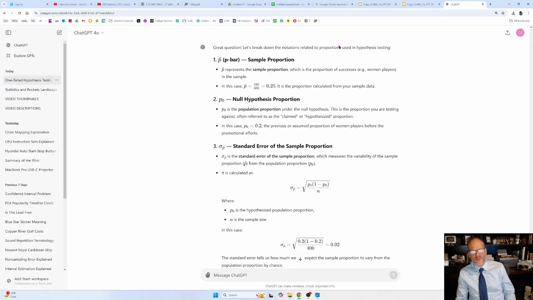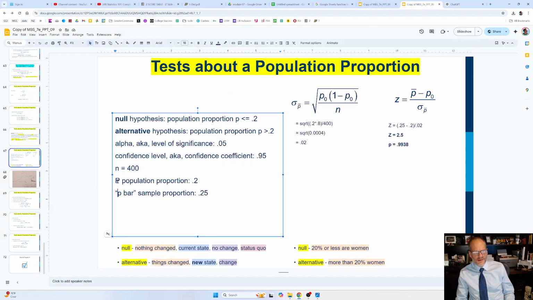And p subscript 0 is the null hypothesis proportion. So I'm going to put this over here too, just so that we have this here. And we'll put that null hypothesis proportion. That's 0.2, and so we have this sample minus the null hypothesis proportion, which is 0.2.